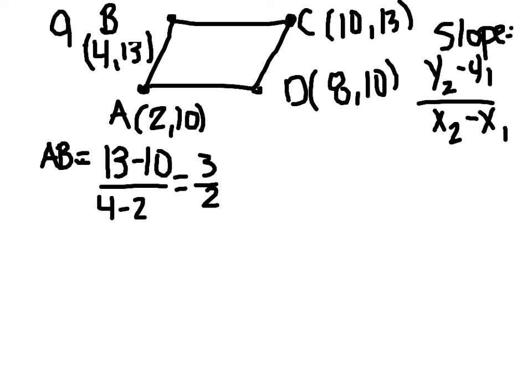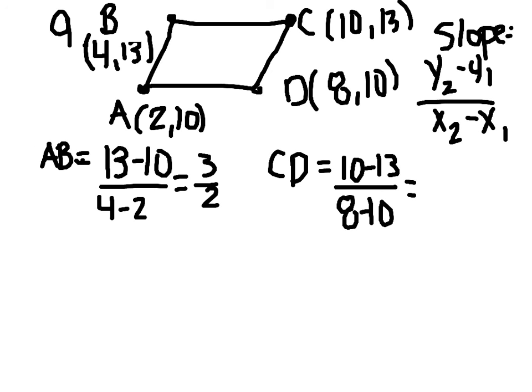Okay? And then it asks me to find the slope of CD, which is 10 minus 13 over 8 minus 10, which is negative 3 over negative 2, which simplifies to 3 over 2. Okay? So it looks like for AB and CD, those slopes are the same, which is great.